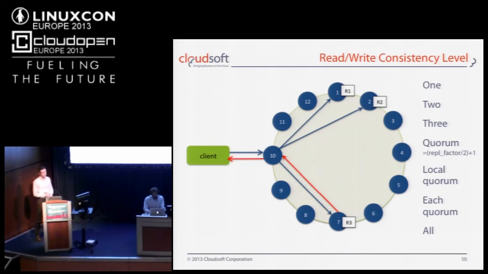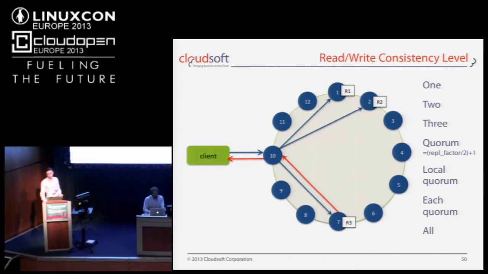And depending on the consistency level you want, then it needs to ask a number of these nodes for the data. So on the right there, you can see different consistency levels we could have. If we have a consistency level of 1, it means we just want the data from any node that has it. So we could ask all 3 for it. The first one to give us the data back, we'll believe it and use that data.